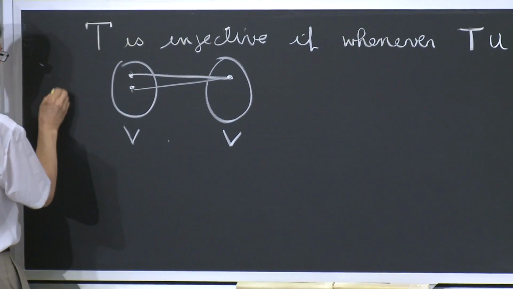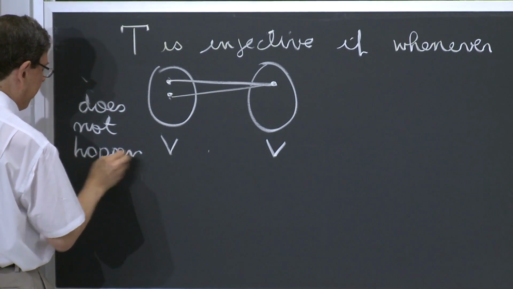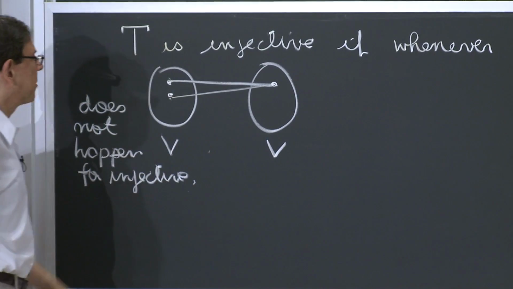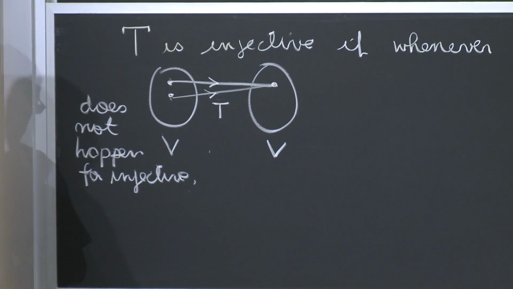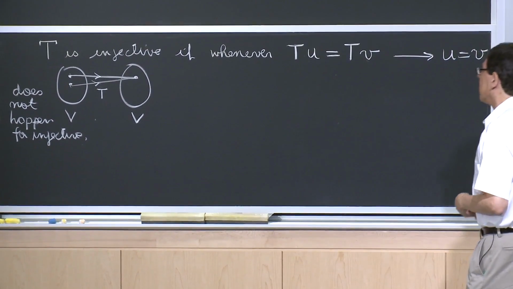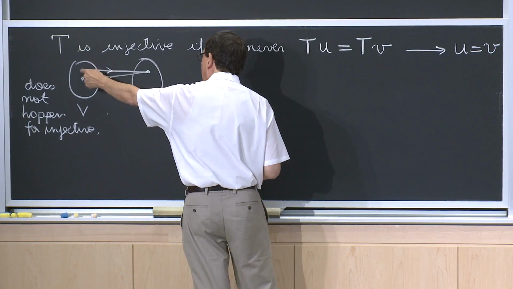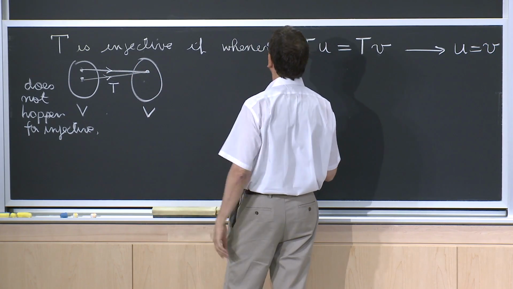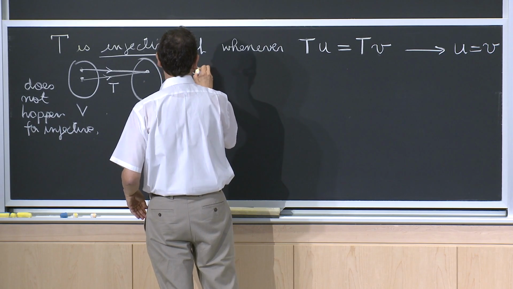So that does not happen for injective operators, that two things are taken to the same thing. With injective operators, everything is taken to something else. Sometimes people say that injective means one-to-one, as if one goes to another one and this other one goes to another one. So that's another name for injective, the word we're trying to define, sometimes called one-to-one.